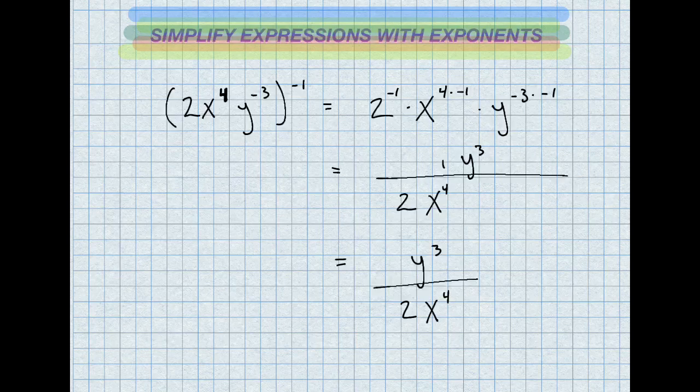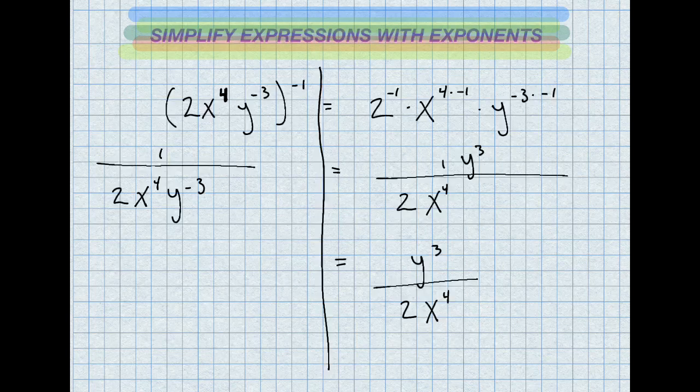Okay, another way of looking at this, so there's one method. Another way is to do this negative exponent first. So we could say that this is 1 over 2x to the 4th, y to the negative 3. Then, since this is a negative here, we could bring this whole term up to the top. So now we could say that that equals y cubed over 2x to the 4th. So there are two ways you could tackle this.